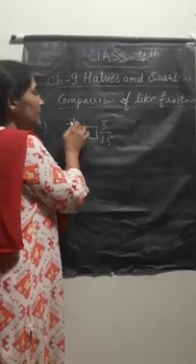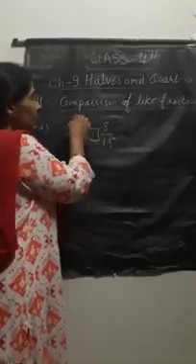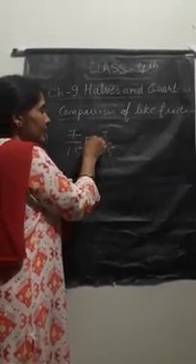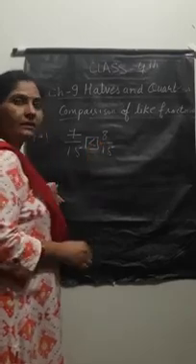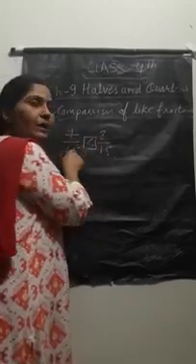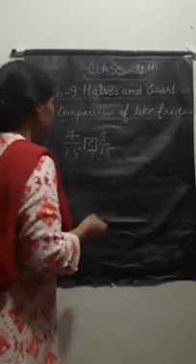In the numerator, whichever is smaller, that fraction is smaller, and whichever is greater, that fraction is greater. So here 7 and 8, which one is greater? 8. So 8 upon 15 is greater. In like fractions, we have to check the numerator portion. The smaller number means the smaller fraction and the bigger number means the bigger fraction.